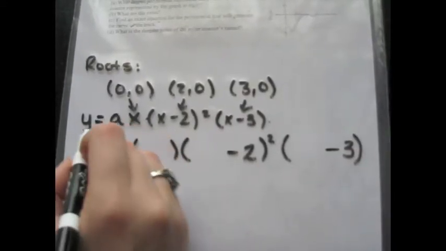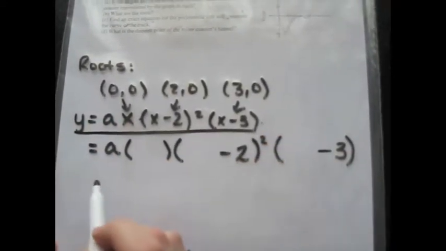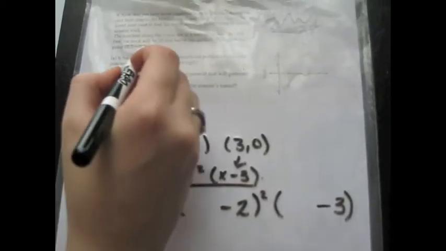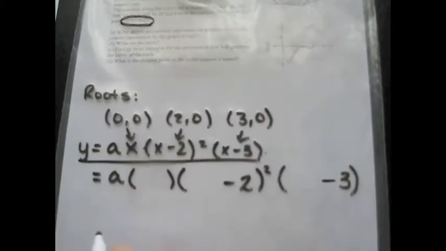Now that we know the general equation, we solve for a by plugging in the point given, 2.5, negative 0.2.